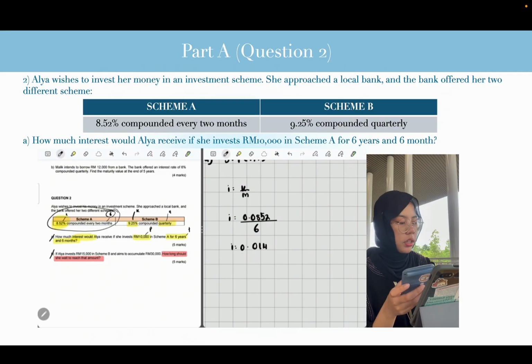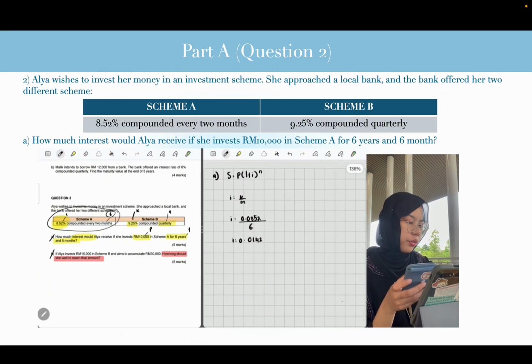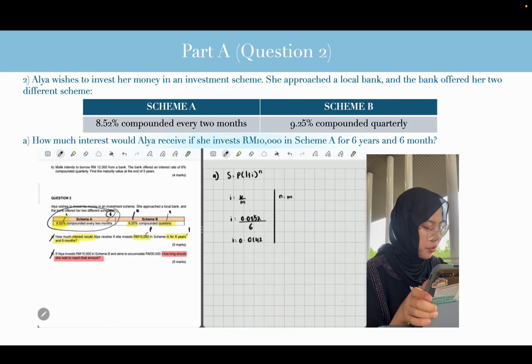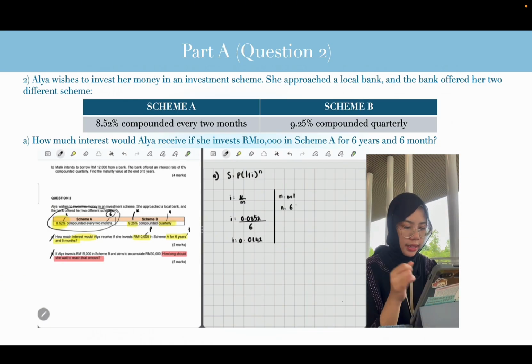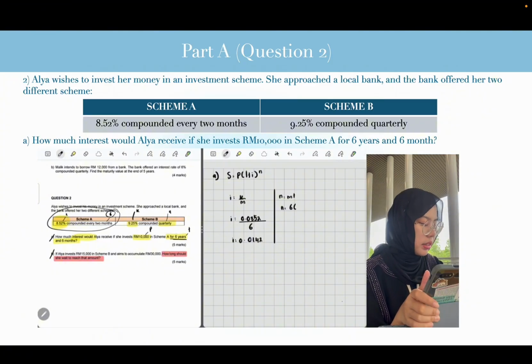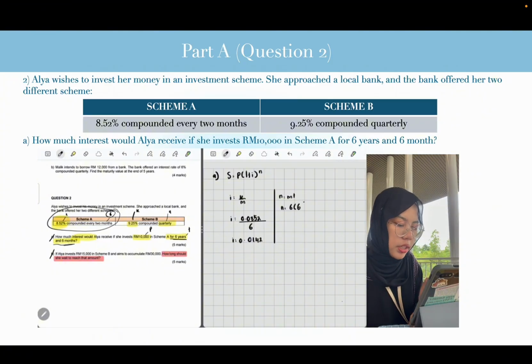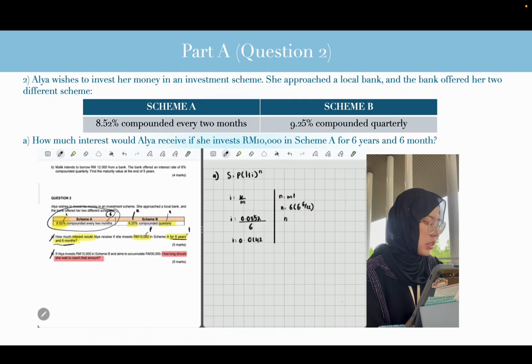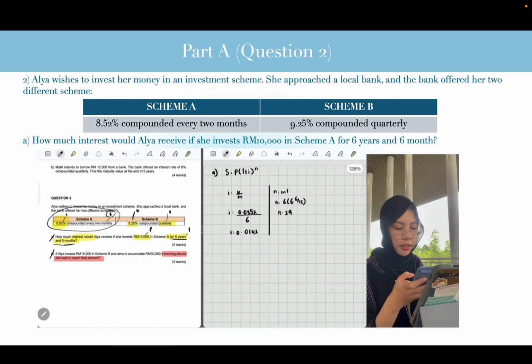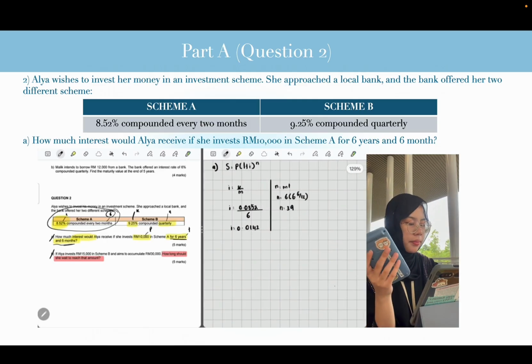Okay, I'll get 0.0142 and then I'll also find the answer for N equal to MT. So the M for this question is 6 and then the T is 6 years and 6 months, so it will become 6 over 12. I'll get 39 for the N.